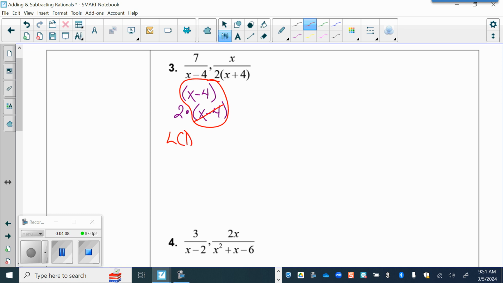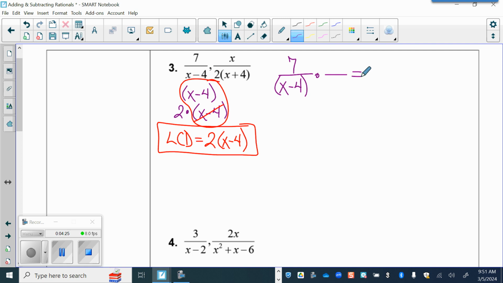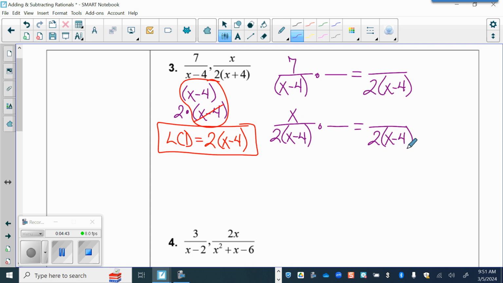My least common denominator is 2 times x minus 4.